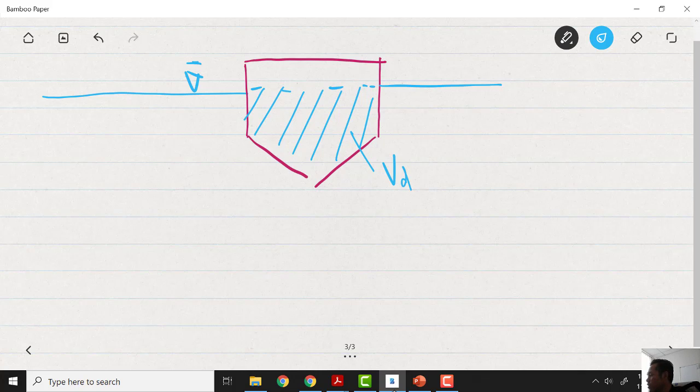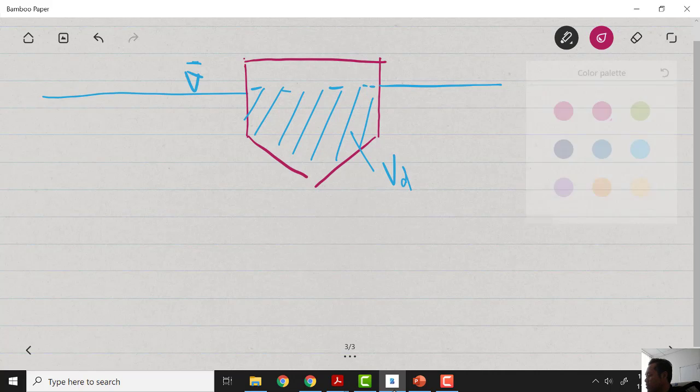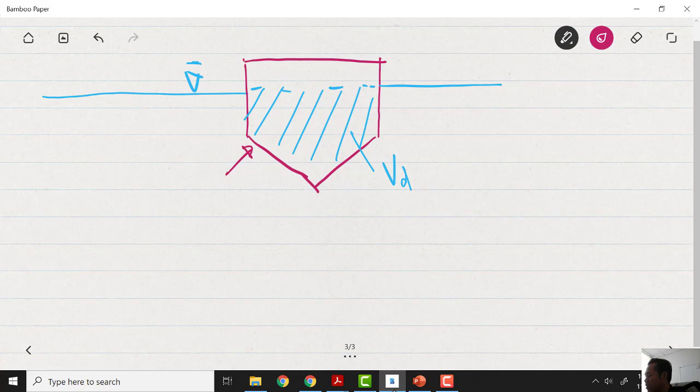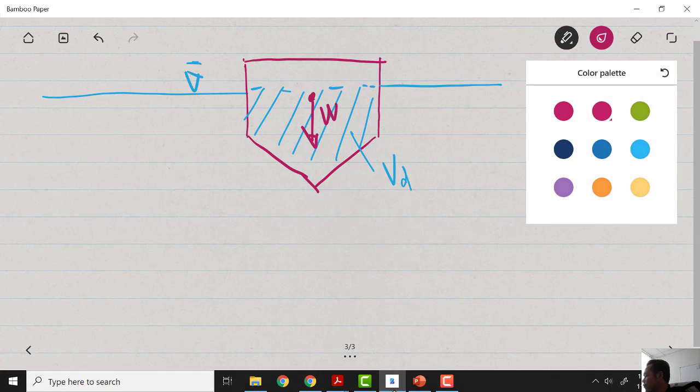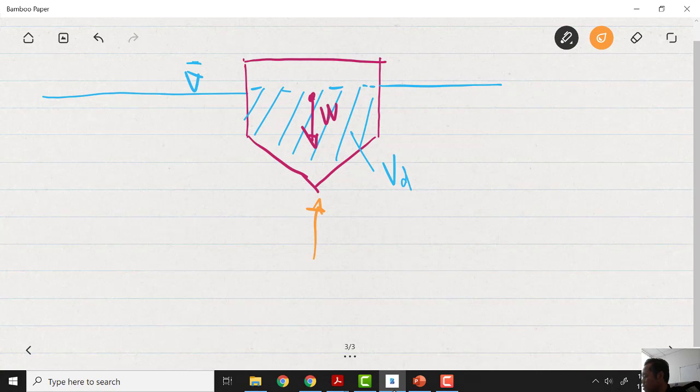So the weight of the entire body, the pink shape here, is W. For floating bodies only, weight is equal to FB, the buoyant force.